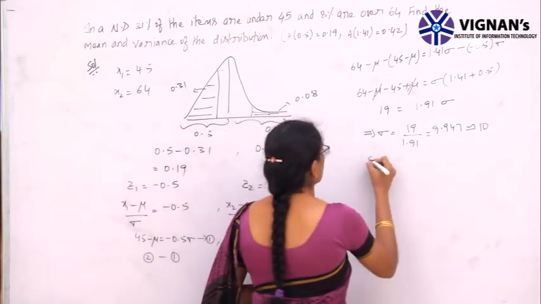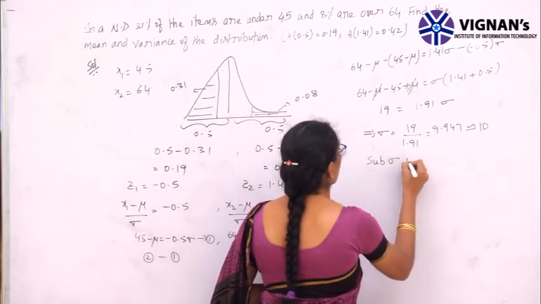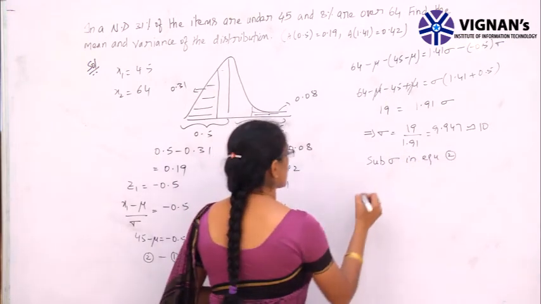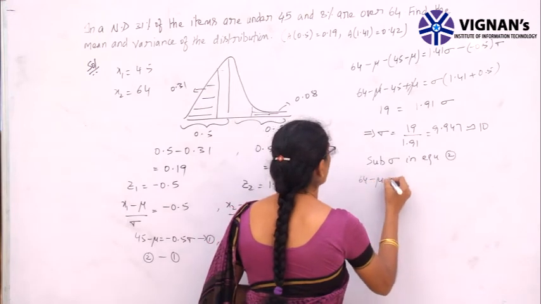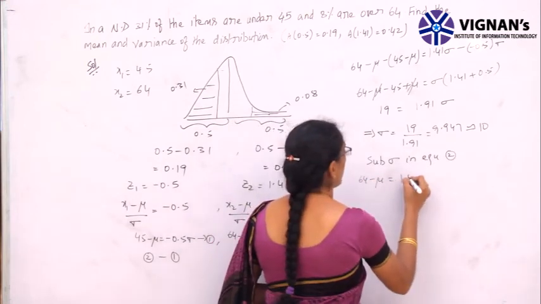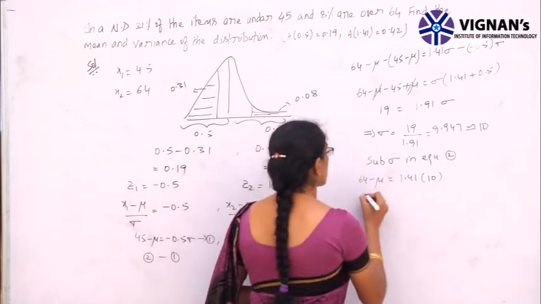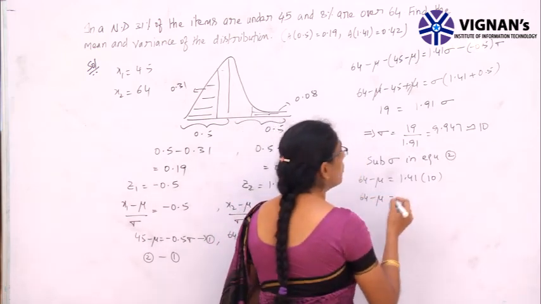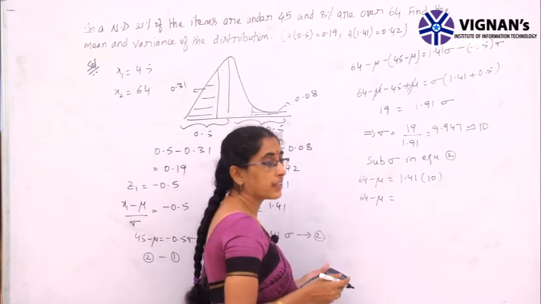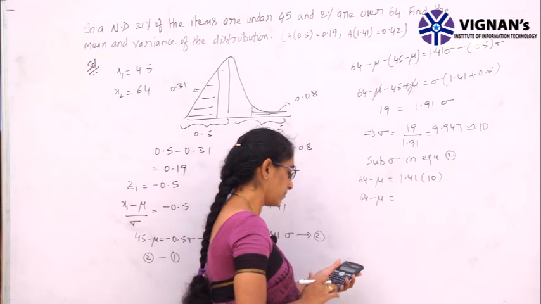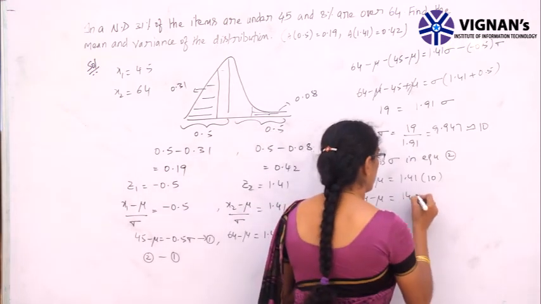For our simplification convenience, substitute sigma in equation 2. So 64 minus mu is equal to 1.41 into 10, which is 14.1.